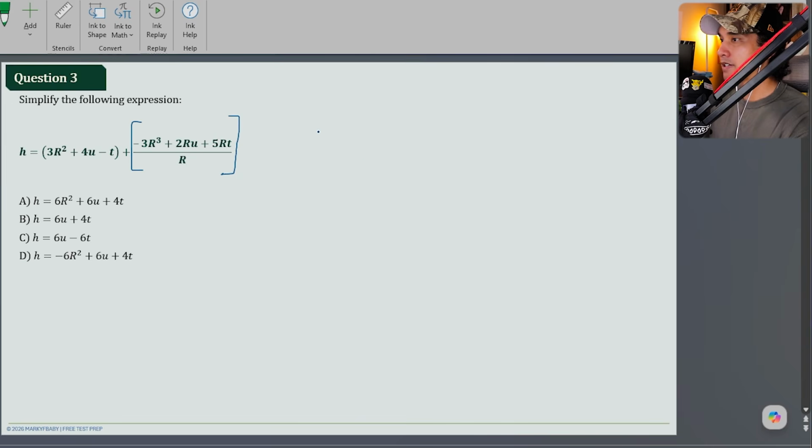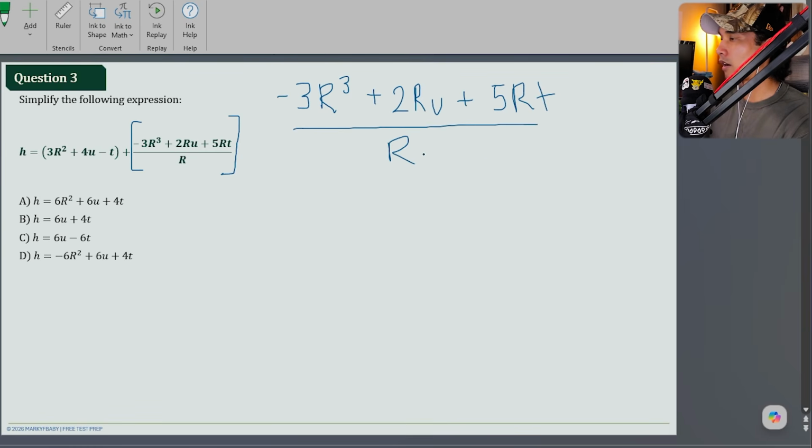So I'm going to rewrite this and let's go ahead and simplify this part. So negative 3r cubed plus 2ru plus 5rt. This is everything over r.